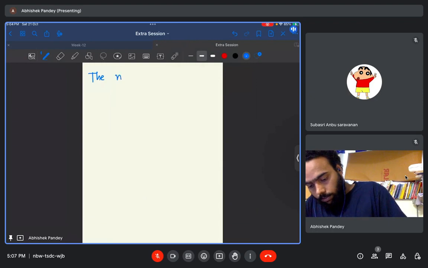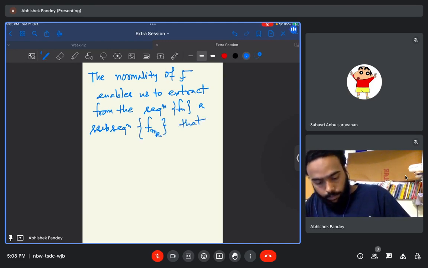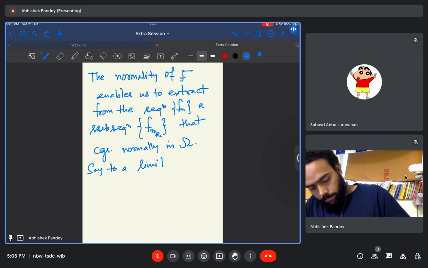Now since F is normal, the normality of F enables us to extract from the sequence f_n a subsequence f_{n_k} that converges normally in omega, say to a limit function f in C(omega).